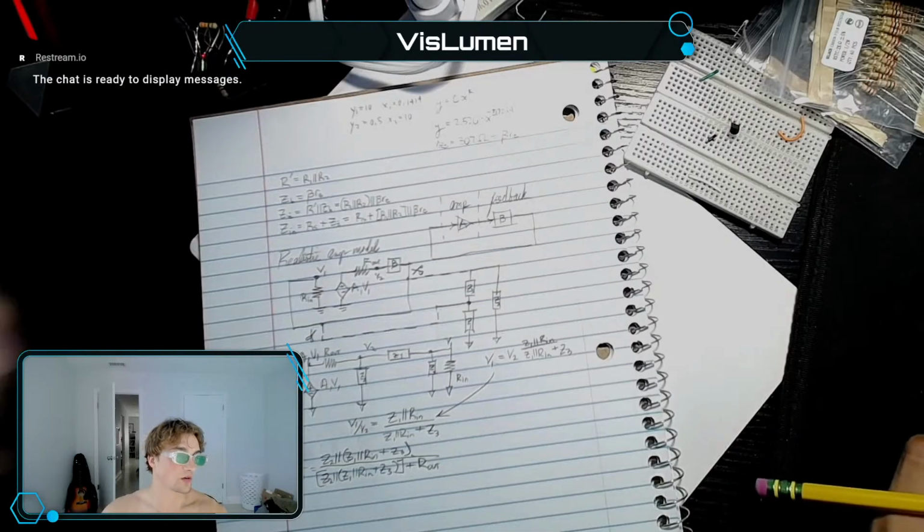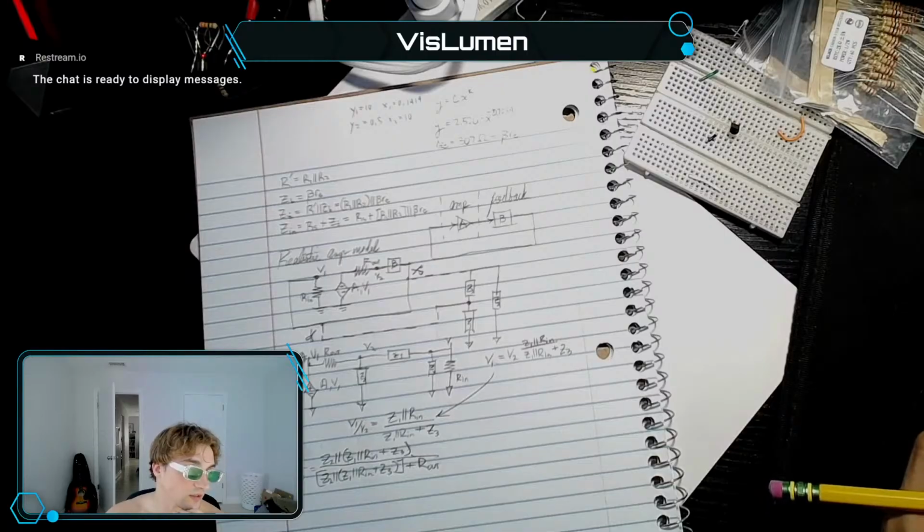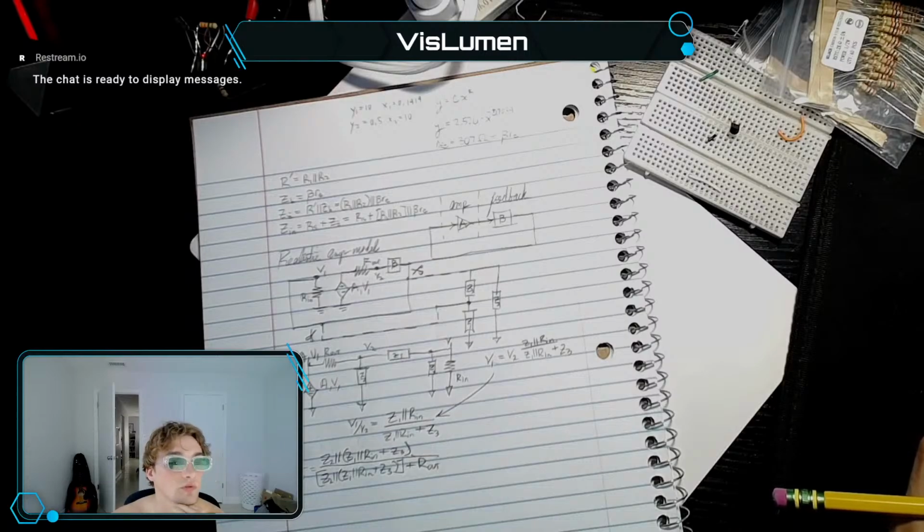What have they got going on here? Z2. We got this fraction going on here. Yeah, it's just the two impedances in parallel. Okay.